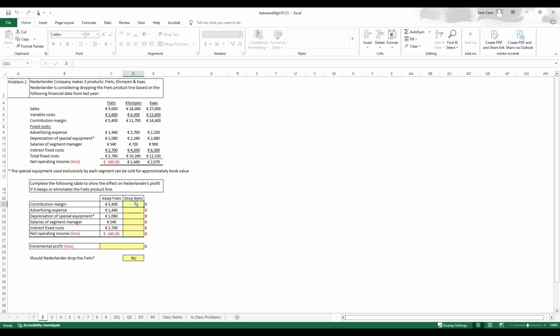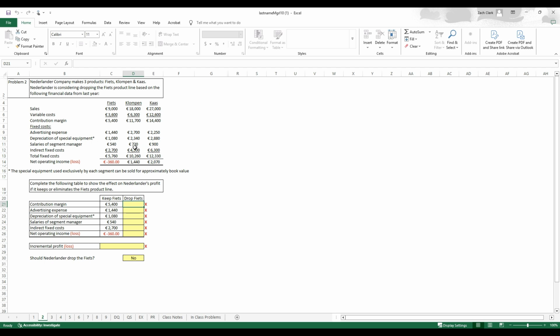The problem that can happen is if we still have all these indirect costs that are being allocated here, if those don't go away, then they basically just get pushed over into these product lines. And so unless there's a way to significantly reduce these indirect fixed costs, then we're going to have a problem, right?